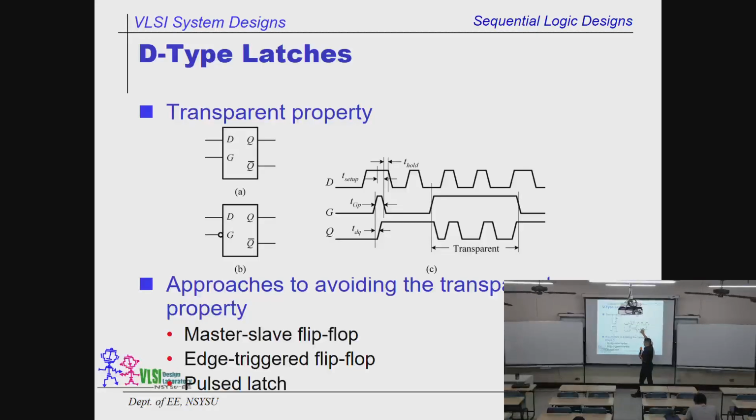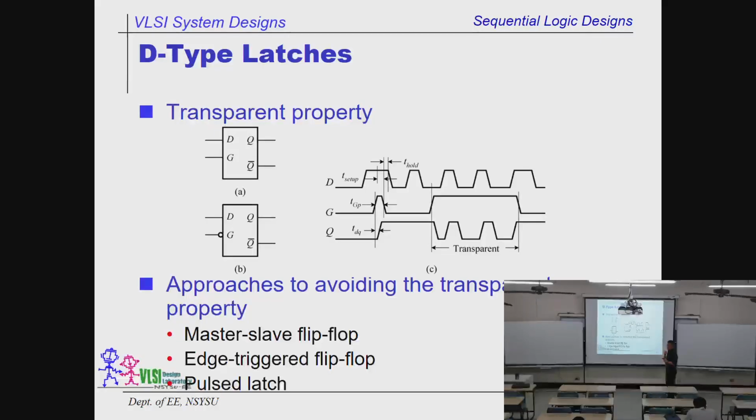For example, in the timing diagram, when the G goes high, everything that happens in data input D will be copied to the Q, which is the output. Maybe there is a little bit of delay, but everything that happens here will be totally copied at the output.